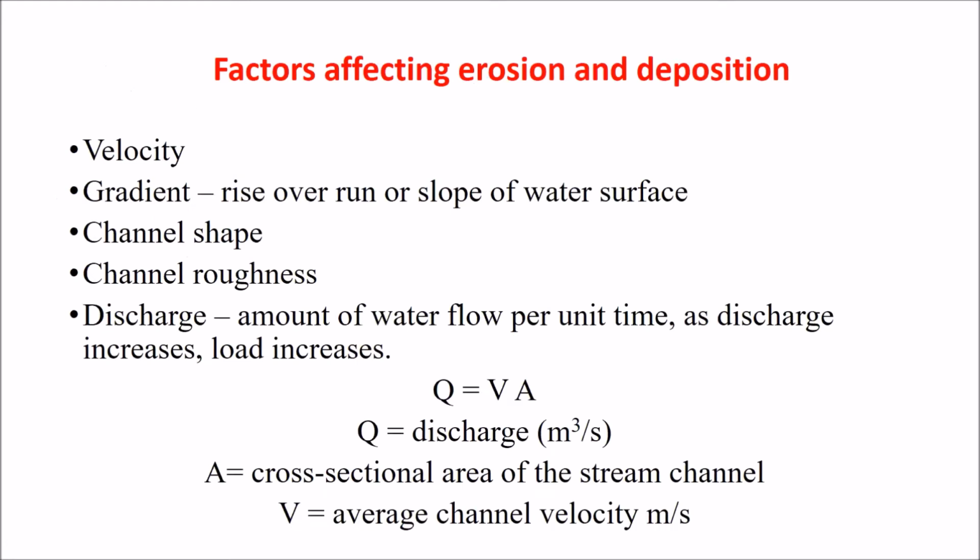And here, different factors can affect the erosion and deposition, and also the transportation. The first very important factor is the velocity. The higher velocity normally makes the river or channel cut down. And it depends also on the gradient.